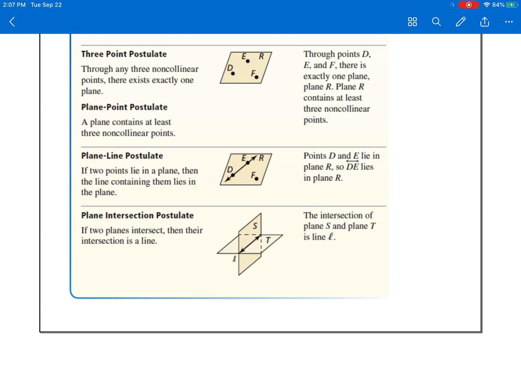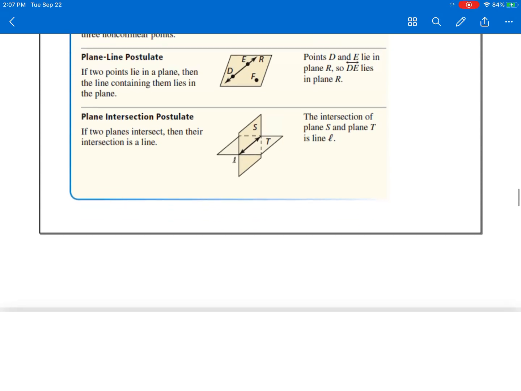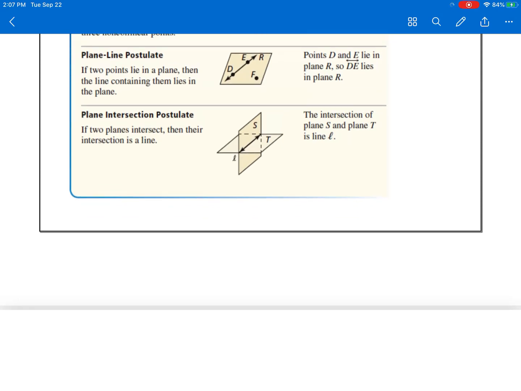The 3-point postulate, and we've talked about this in class with the chair, remember, we always have 3 points that contact the plane, the floor, the ground. That means those points have to be non-collinear, and that determines a plane. So a plane has at least 3 non-collinear points.